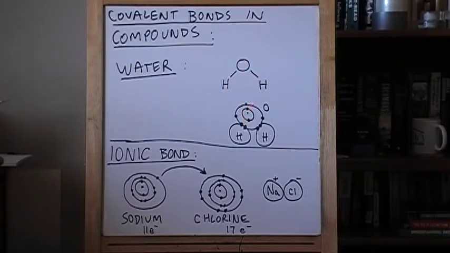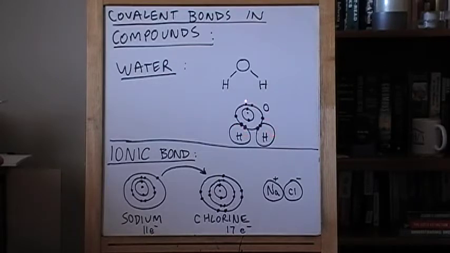So if we look at the electrons, you can see that the oxygen has the 2 electrons in its inner shell, and then the 6 in its outer shell. And if it gains 2 more electrons, it has a filled valence shell. And for the hydrogen, it has 1 electron. If it gains 1 more electron, it has a filled shell.